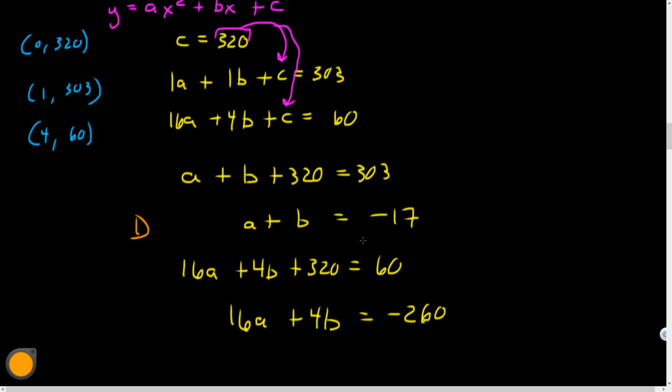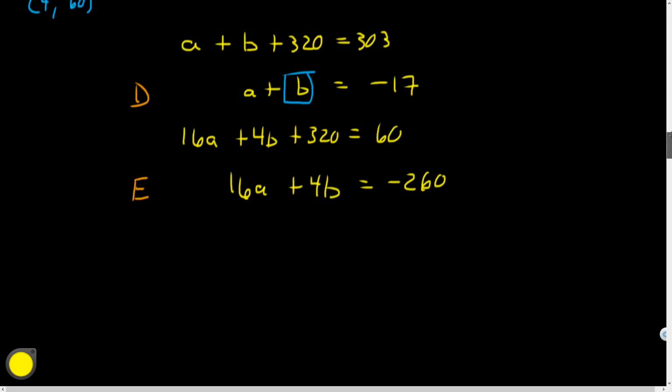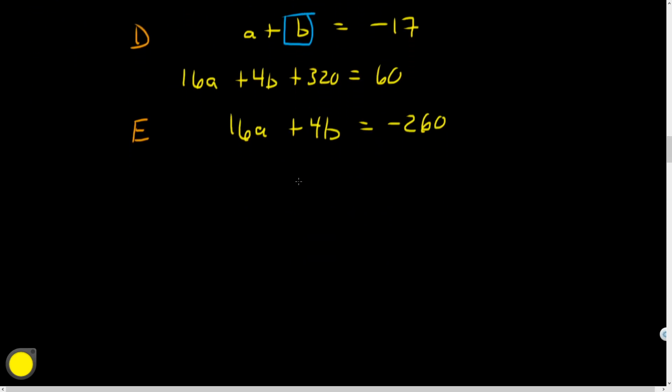So, I don't know. What do you guys want from me? I'll do subs. Tell you what. I'll do subs. I'm going to solve for B. Why not? And so I'd get B equals negative A minus 17.